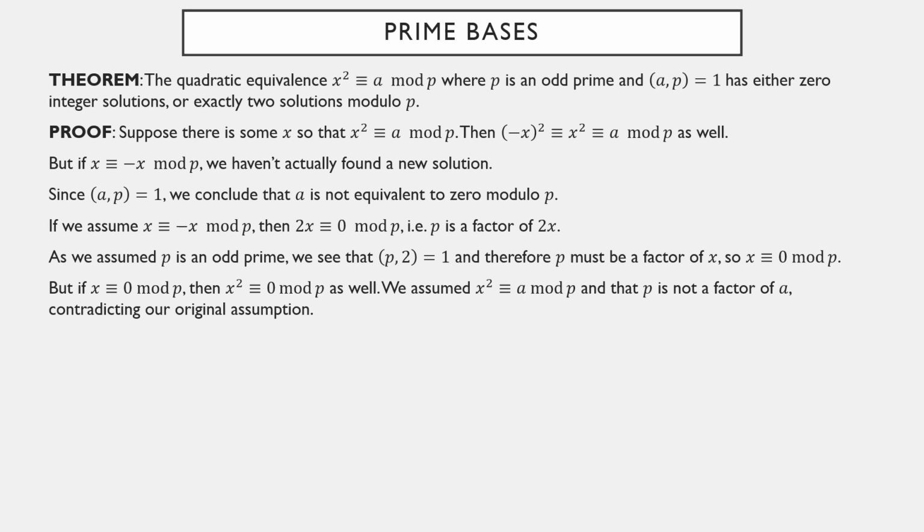But x squared is equivalent to a, and p isn't a factor of a, so I can't have it both ways. So what we conclude is that if there are any solutions to x squared equivalent to a mod p, where p is an odd prime and a isn't equivalent to 0, then if there's one solution x, there's another solution negative x, and those are in fact different solutions. So if there are any solutions, there are at least 2.